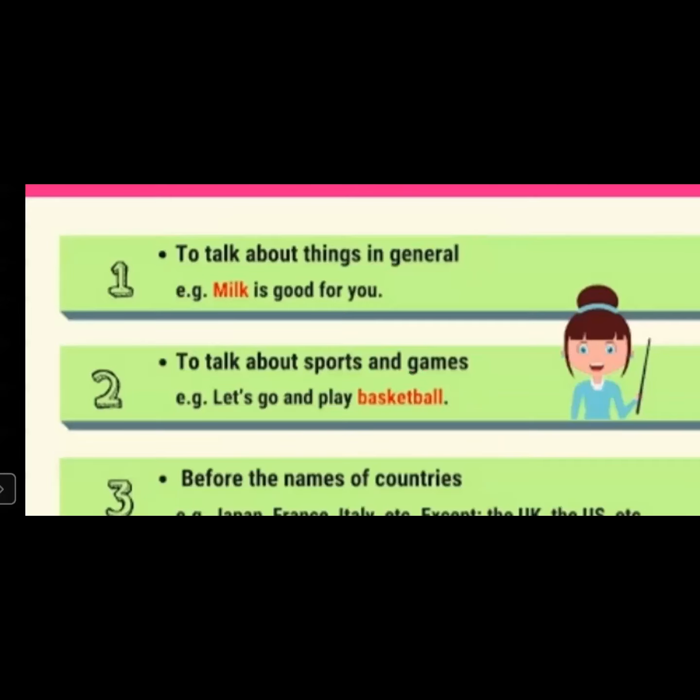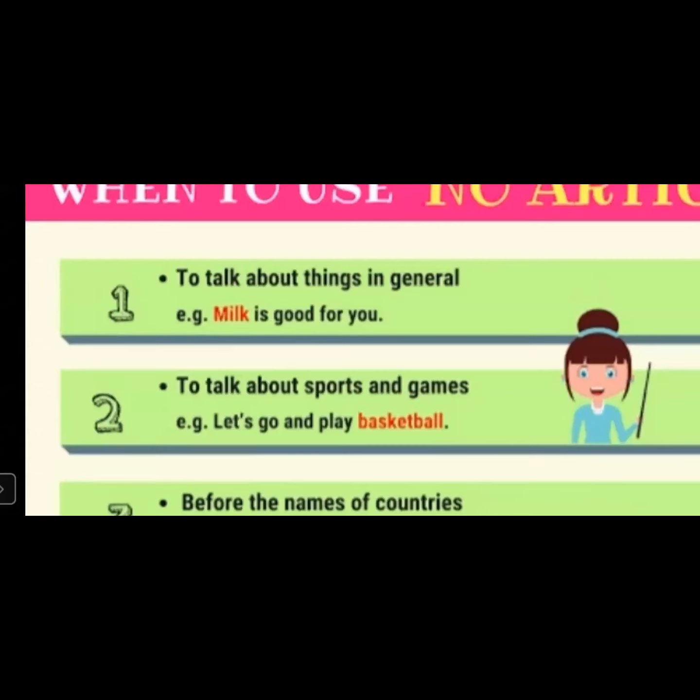Now, first, when you're talking about things in general, for example, milk, we can't say a milk. Why? Because that thing is in general. Milk or sugar or tea, you should not add any article.